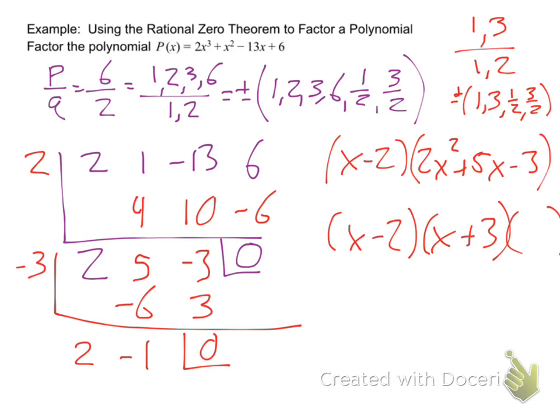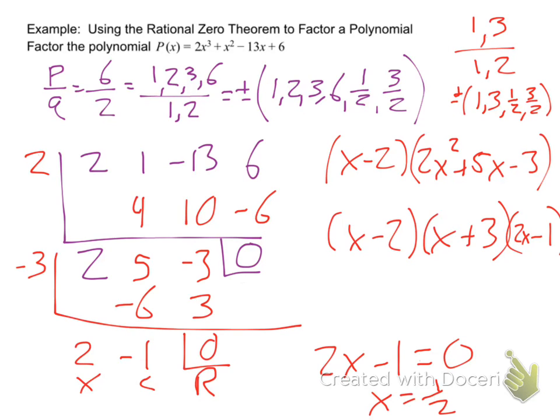It's 2x minus 1. Because of remainder, constant, x. 2x minus 1 equals 0. What is the actual 0, though? x equals 1/2.